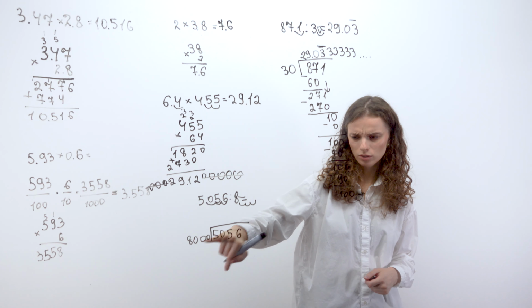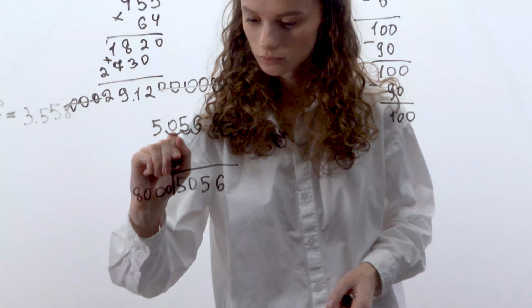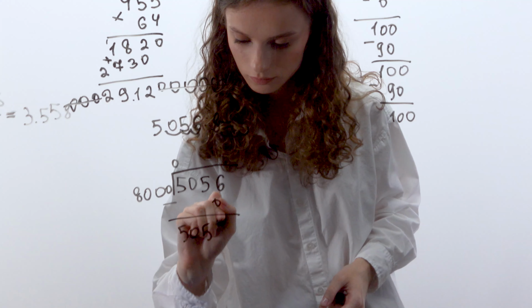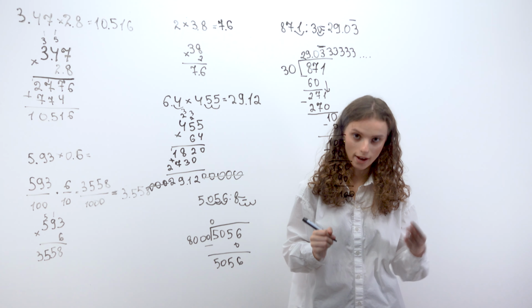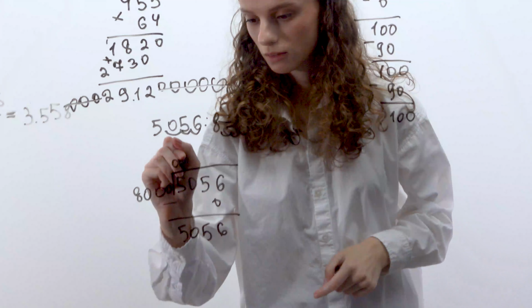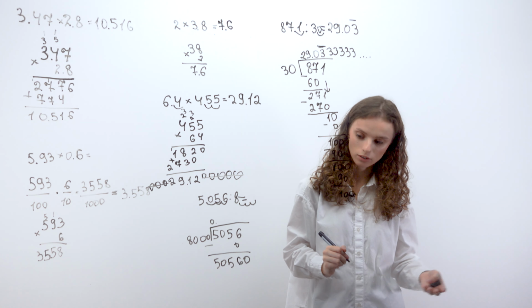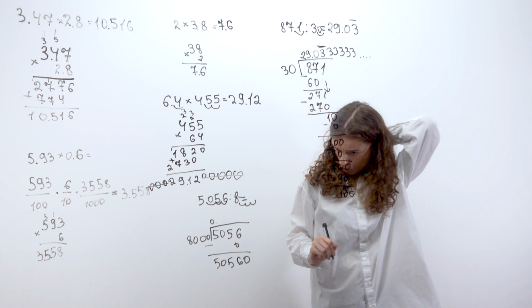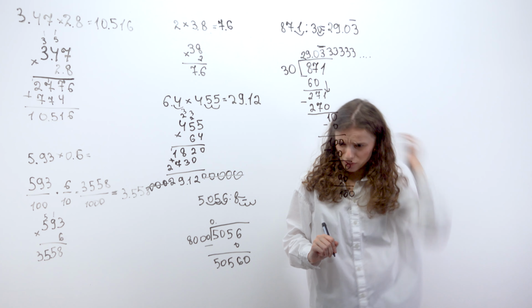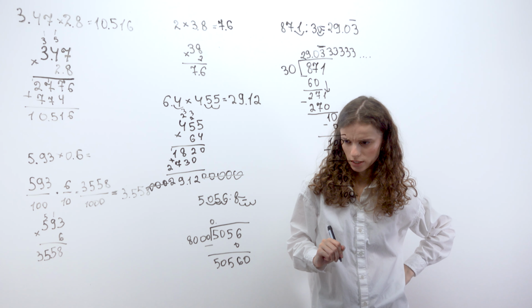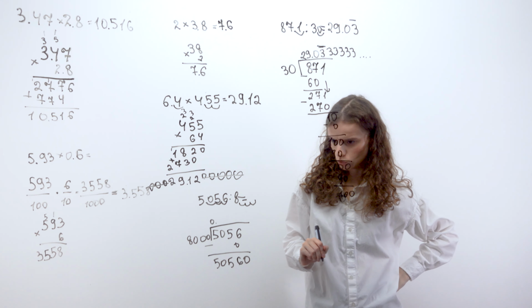Does 8,000 fit into 5,000? Not really, so it's going to be 0. Now, before we add a 0, we have to add a decimal point. Then I can add another 0 and keep dividing. Okay, now we have 50,560 divided by 8,000.